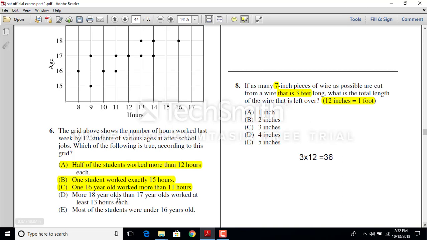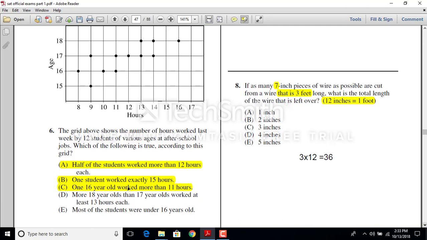More 18-year-olds than 17-year-olds worked at least 13 hours, which means the students who are 18 years old are working at least 13 hours. Their number is more than the students who are 17 years old, who also worked at least 13 hours.